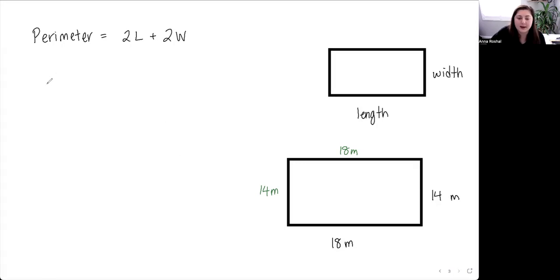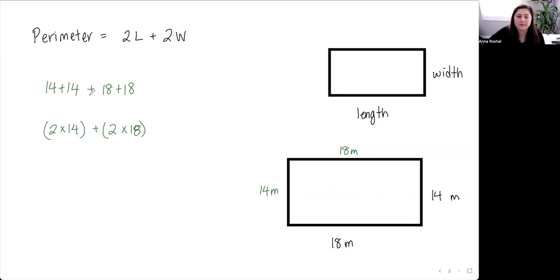Well, in this case, we would have 14 plus 14 plus 18 plus 18. And instead of adding the same thing so many times together, why can't we just do 2 times 14 plus 2 times 18? So that's going to be 2 times the length and 2 times the width, right?